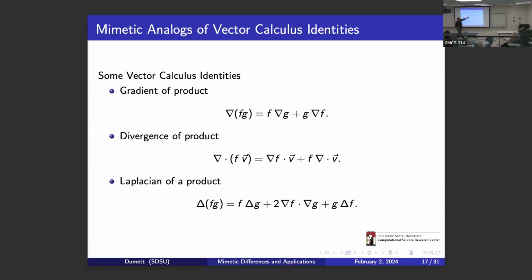If I have a scalar field and another scalar field, and I try to replicate this property, I am able to do this. I will need interpolators for sure, because these two quantities live at the center and the result will live on the nodes. This lives at the center, this is already on the nodes, and this is at the center, so I have to decide where I will do the computation, and the same happens here.